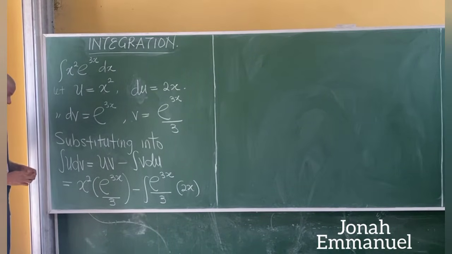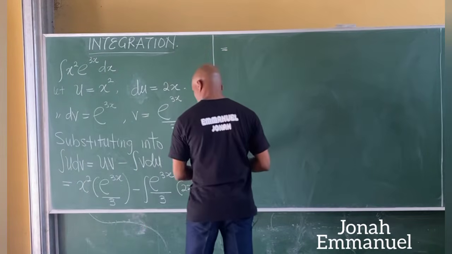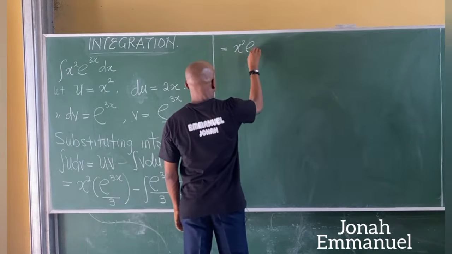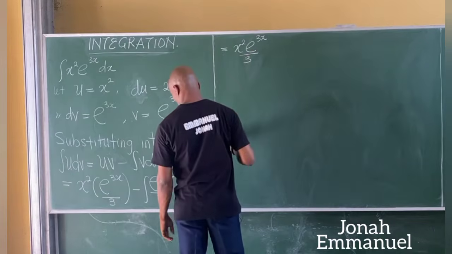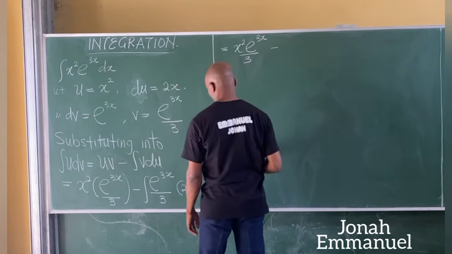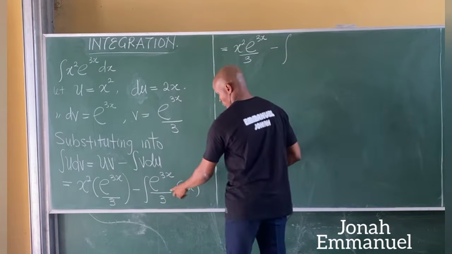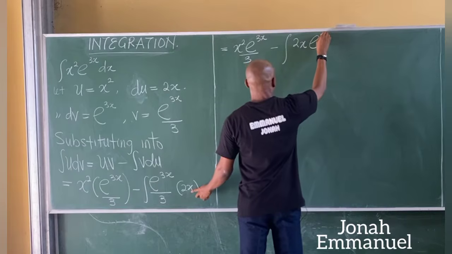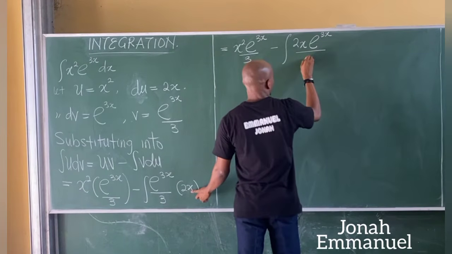If I have to work on this now, x squared times this gives you x squared exponential 3x all over 3 minus, I'm having this as integral. So this multiplied this gives you 2x exponential 3x all over 3.